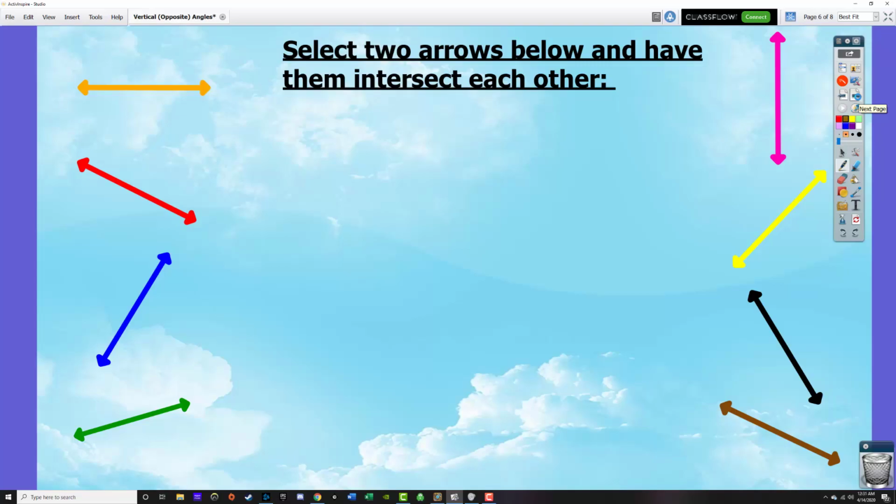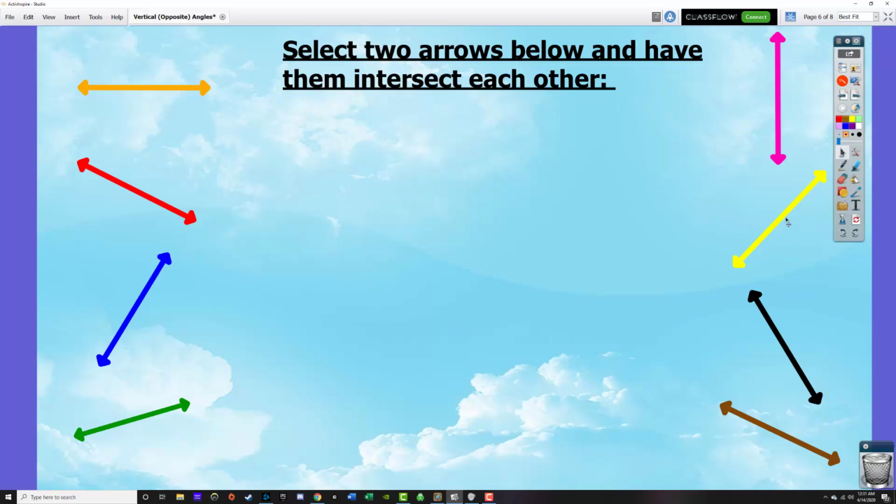Okay, so on the screen here, I have a couple of different lines going every which way. We're going to select two arrows below and have them intersect each other.